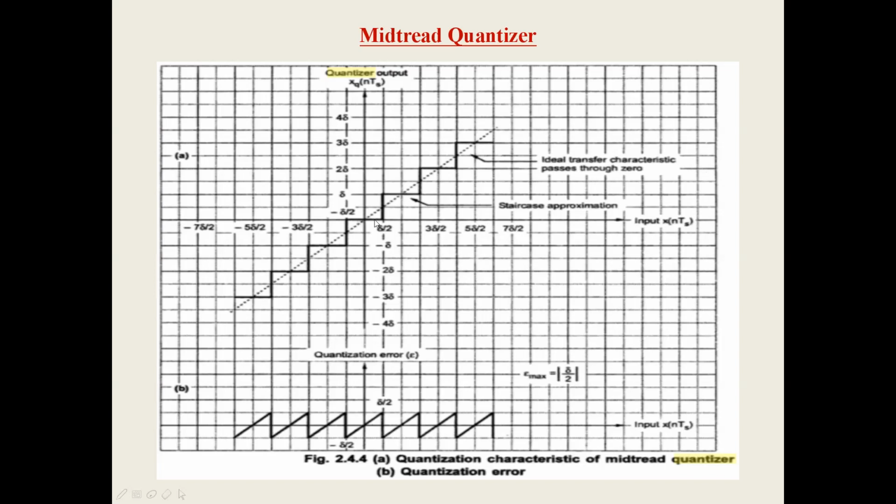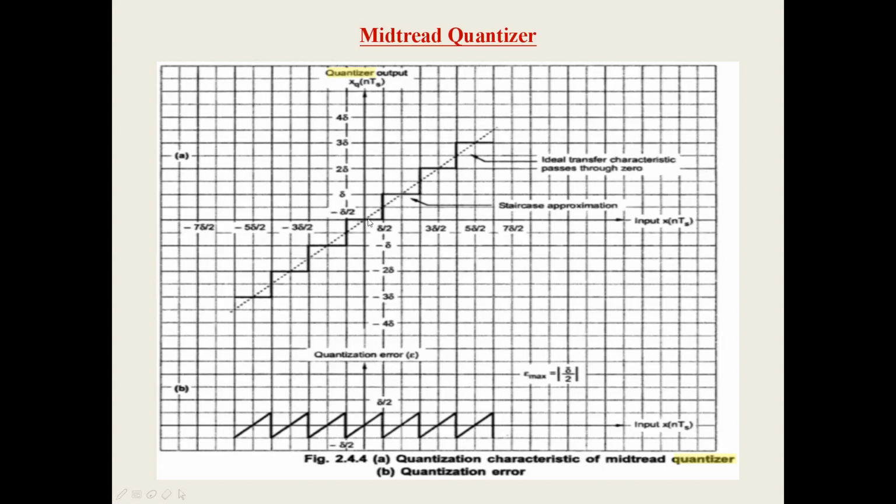So from 0 to delta by 2, when the input x of nTs is just below delta by 2, the output of the quantizer is 0 only. Below delta by 2, up to delta by 2, its value is 0.